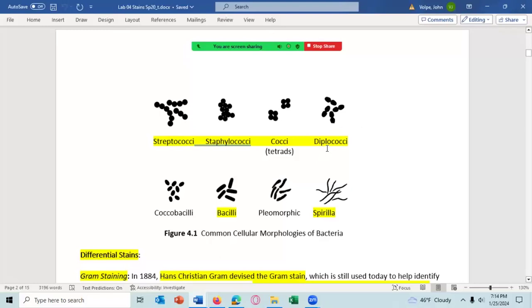Diplo means two, cocci, a sphere-shaped cell. You can have tetrads, four cocci stuck together. You can have many cocci stuck together, and this we call staphylococci. You can also have the cocci in a row, and this we call streptococci.